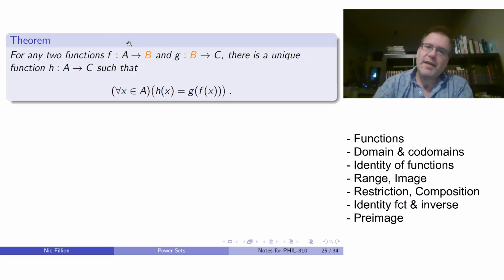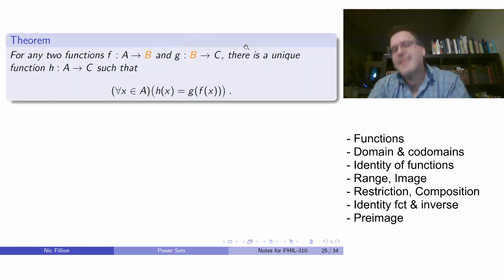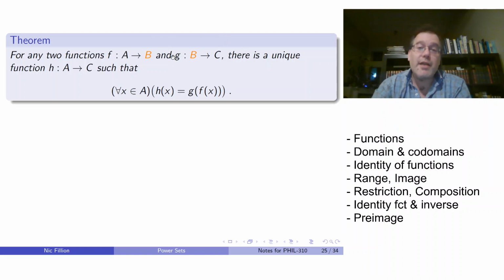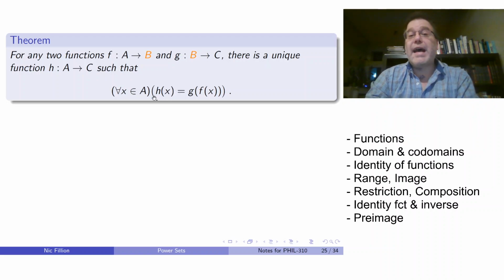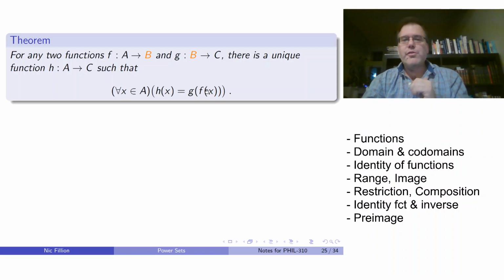It's going to take an element of A, send it to an element of B, and then g is going to take that element of B and send it to an element of C. And the idea is that if we apply g after applying f, that's going to determine a unique function from the domain A to the codomain C. So it's like we shrank things. And that function h is going to be such that the value of h at x is equal to first applying f to x and then applying g to the result of that.